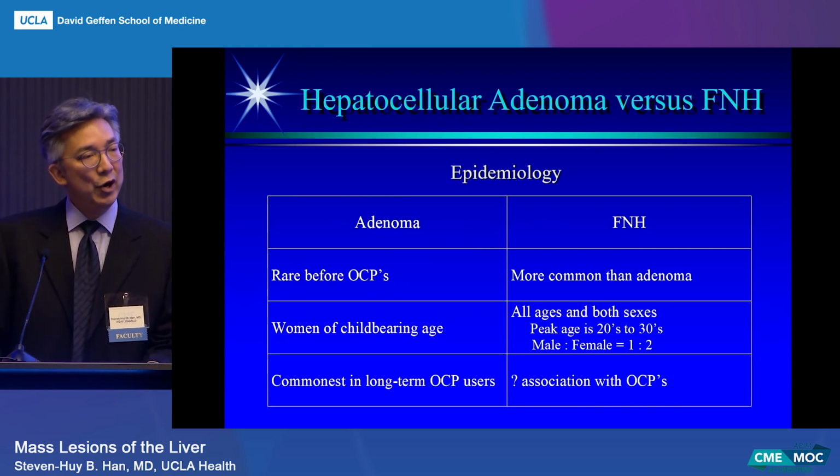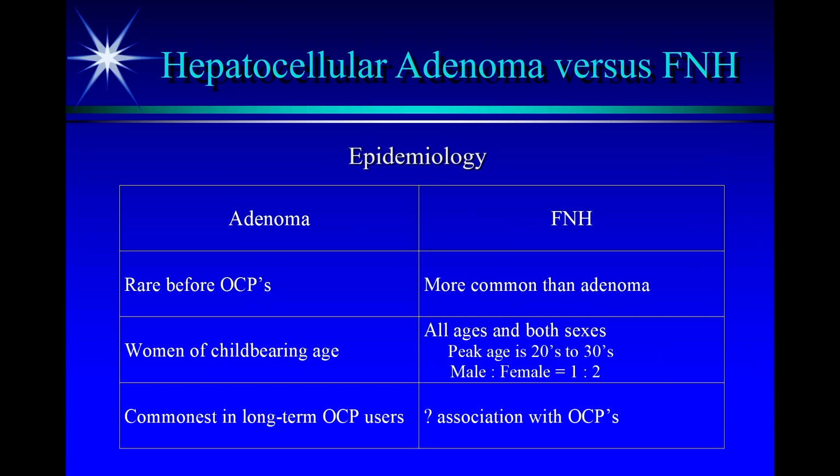Finally, adenoma versus FNH. This is the big distinction that needs to be made. In general, adenomas are driven by oral contraceptive pills. FNHs, not so much so. It's not unusual that adenomas were not really that prevalent until the use of oral contraceptive pills.